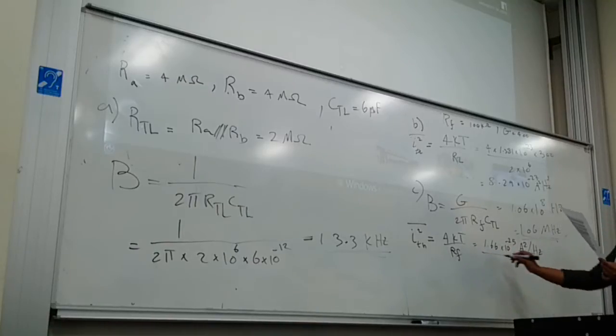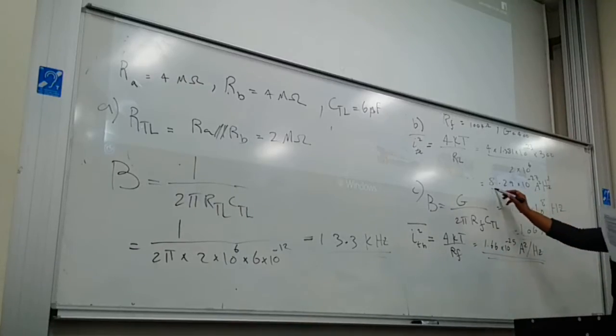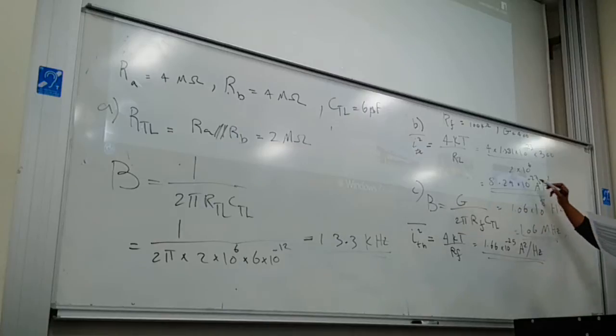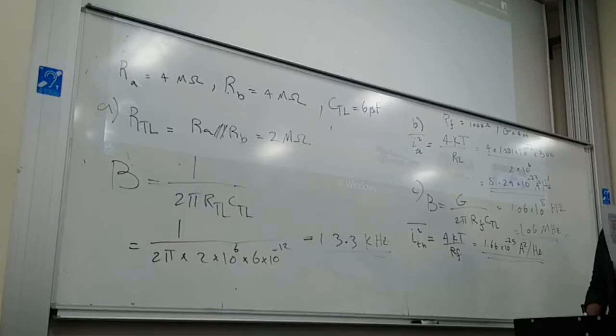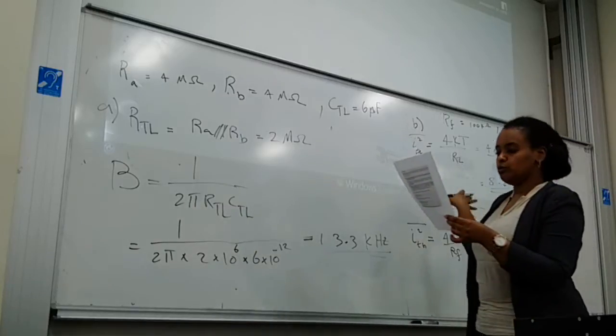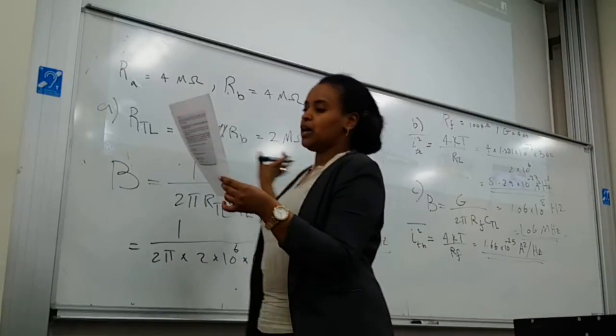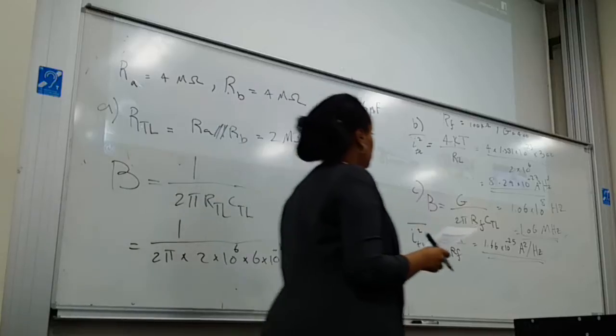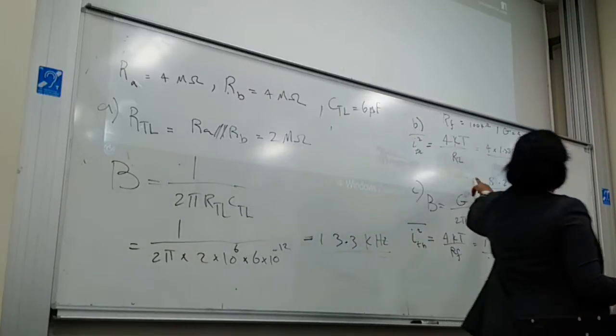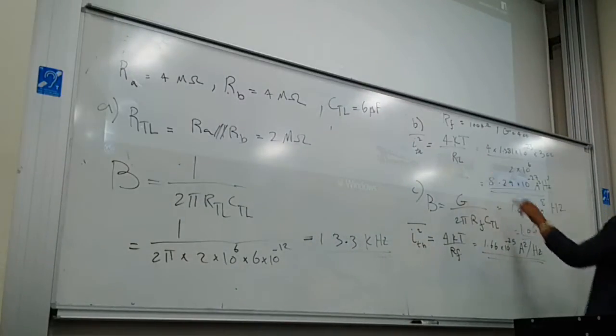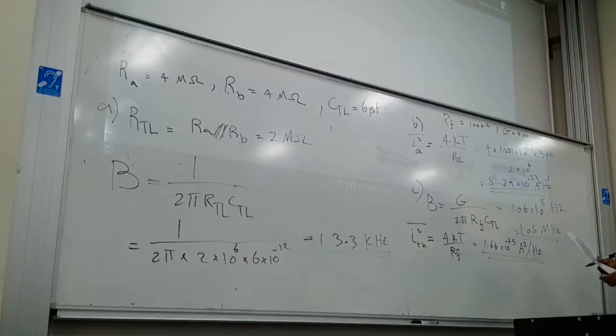So compare this to this. So this was to the power minus 27, and this is to the power minus 25. And if you compare them, you will find that the thermal noise for the transimpedance is 20 times larger than the thermal noise of the high impedance, which is about 13 dB.